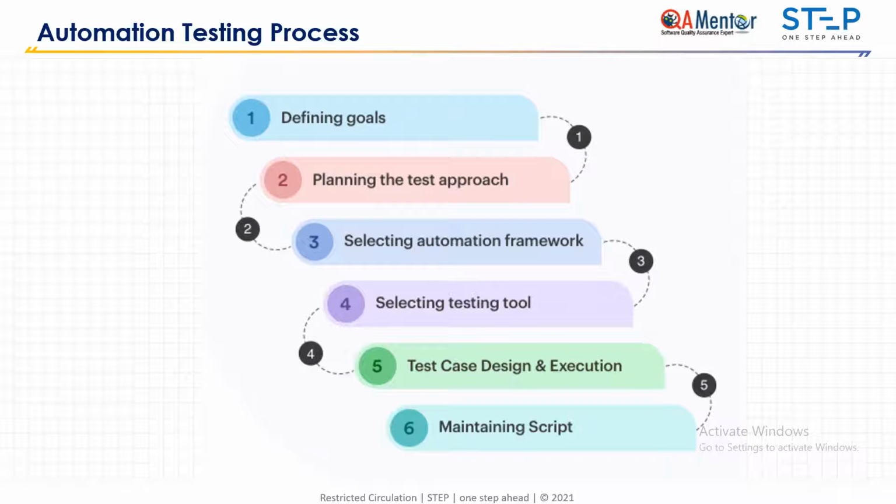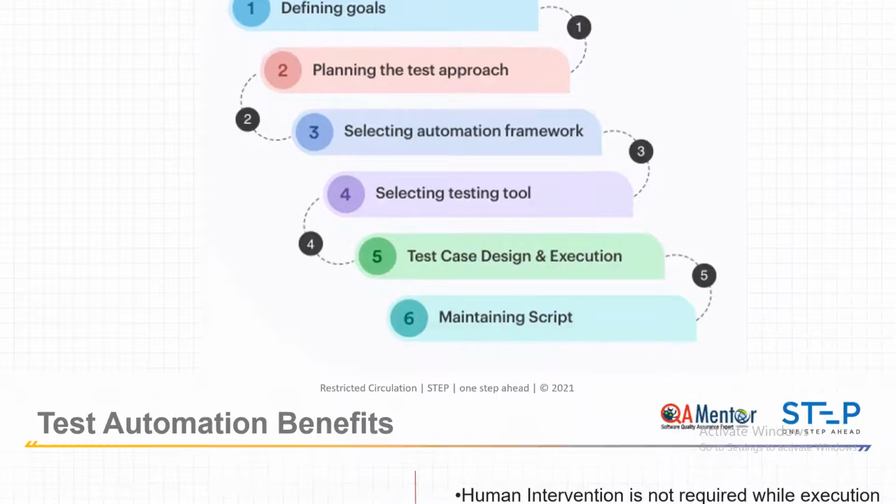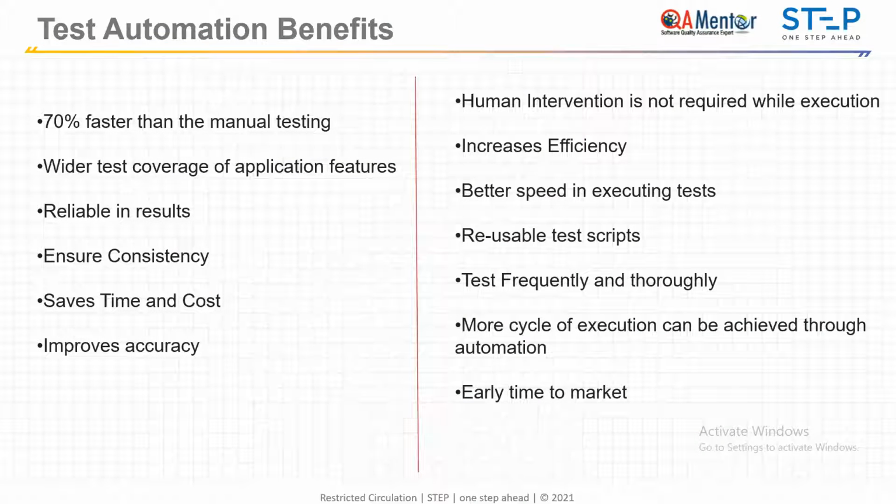Then test case design and execution is the next part, and the maintenance of the script. So these 6 steps are very important, and we follow the automation testing process one by one. This process is the worldwide followed process for any type of automation as well as robotic test automation.